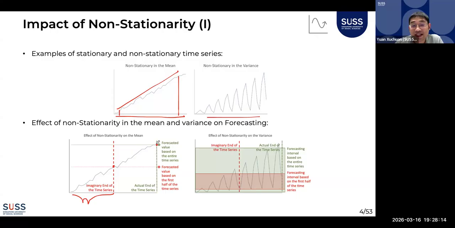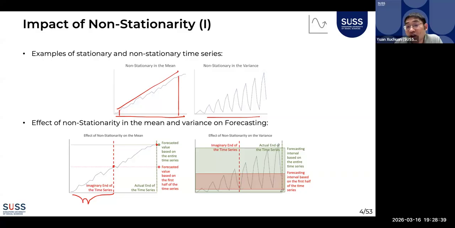If you look at the whole data set and your forecast is standing at this point, there will be big errors, a big gap. And this is similar if you use, for example, the first portion of the data to do the forecasting, and the variability may be small.